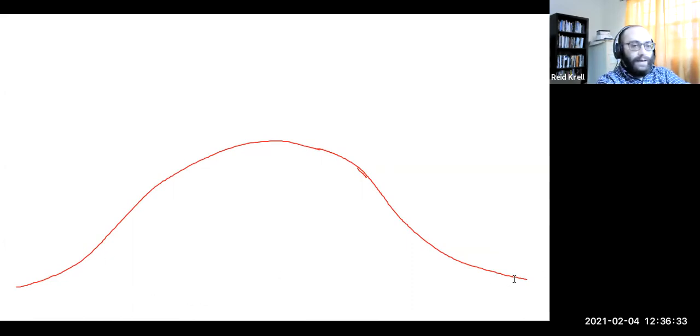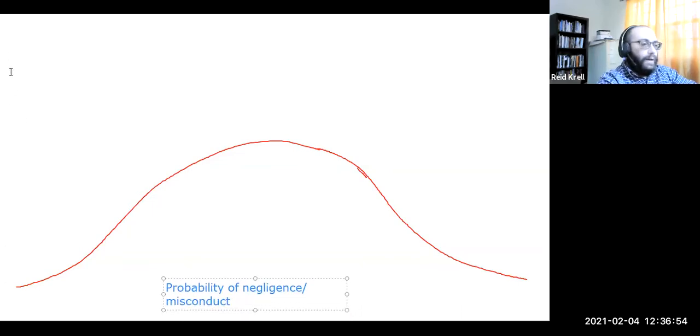The x-axis is the probability of negligence or misconduct, the probability that the fact finder finds that the defendant did something wrong. And the vertical axis is the number of cases.